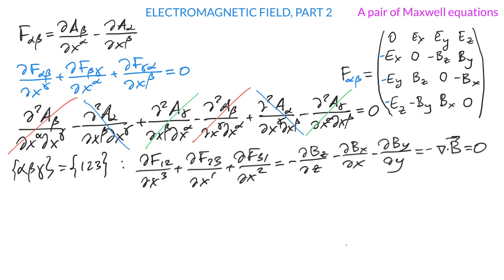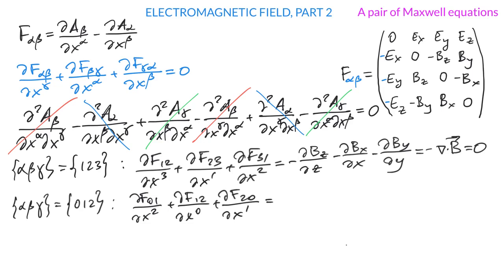What about the other three equations? Well, let's see what happens if we set alpha, beta, and gamma to 0, 1, and 2. So one time-like and two space-like. Here's the expression. So inserting the components of F, F01 is Ex. So here we have dEx by dy. F12 is minus Bz.